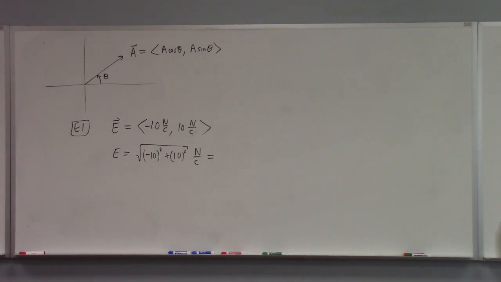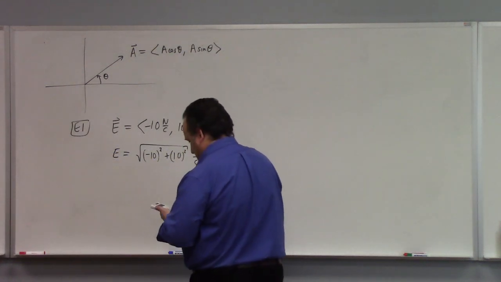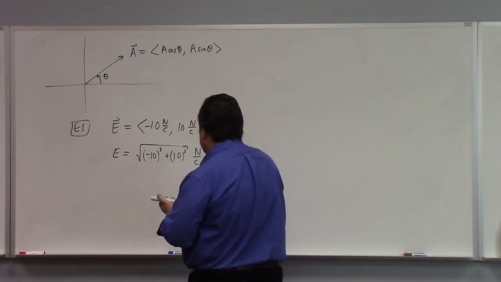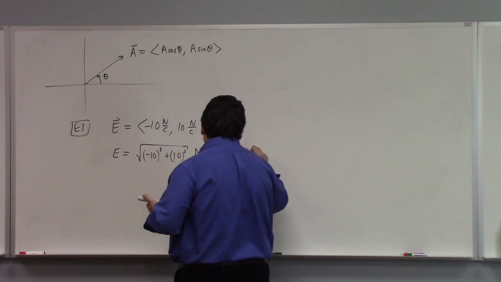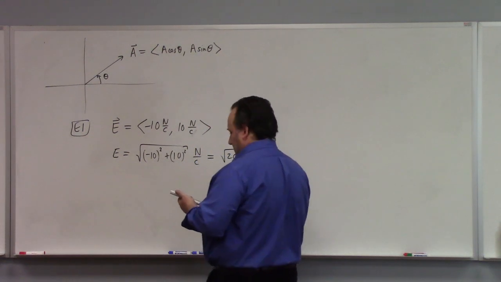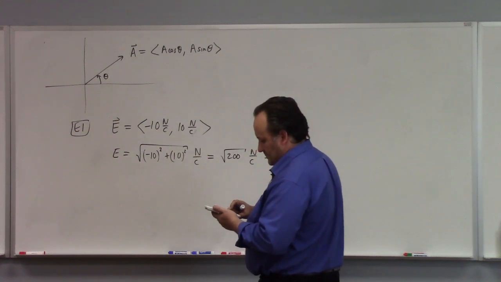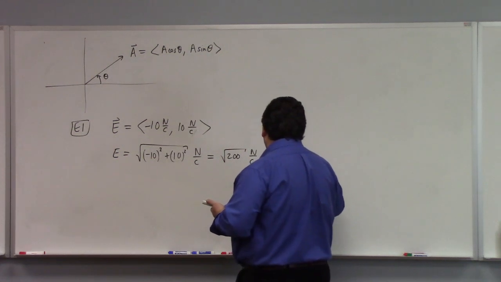Wait, wouldn't the standard angle just be 180? Or no? It would be whatever the arctan of the opposite. So the magnitude is about 14.14 newtons per coulomb.